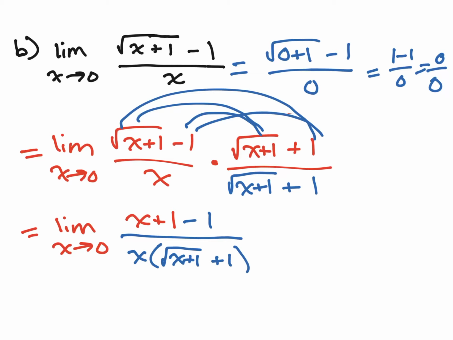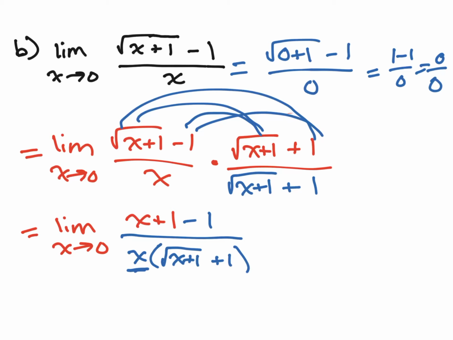Okay, now think about this. When we factored, we wanted to turn the numerator into something that was going to cancel with what made the denominator 0. So since this x is what's making the denominator 0, I don't want to distribute it. I need it to cancel out. So the part that I'm not trying to manipulate, I'm going to leave it be.